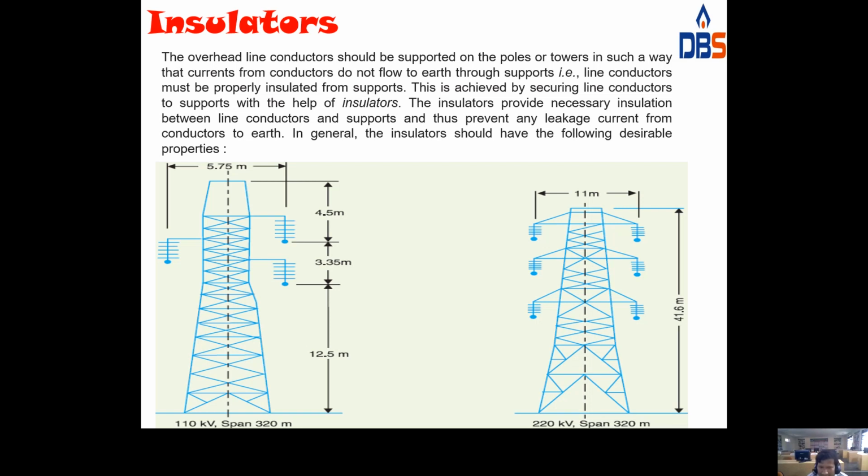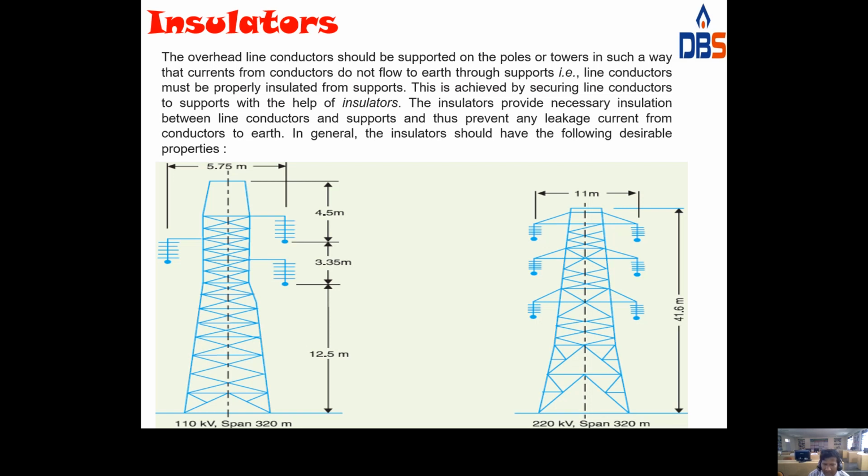In general, the insulators should have the following properties. Look at the figure. The horizontal spacing is 11 meters, and the vertical spacing from earth to conductors is 41.6 meters. 220 kV, 320 meters. 110 kV, 320 meters.